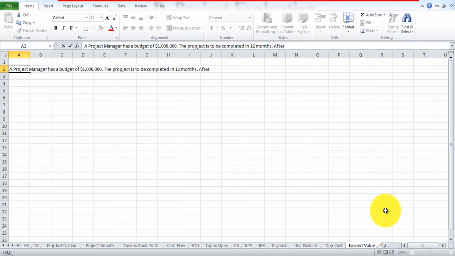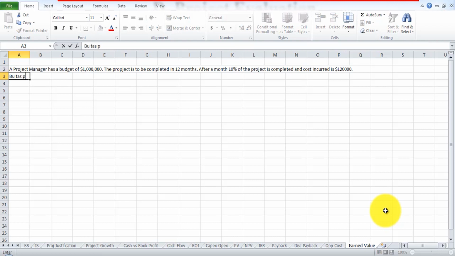Now after a month, 10% of the project is completed and the cost incurred is $120,000.